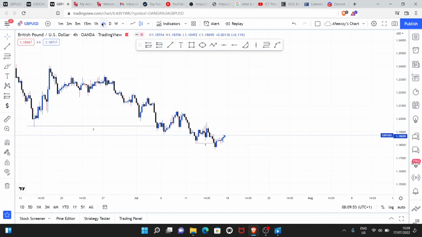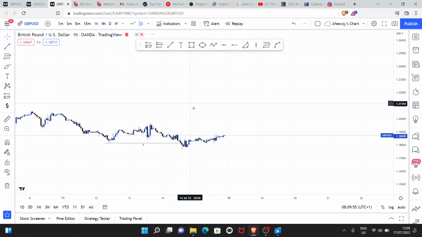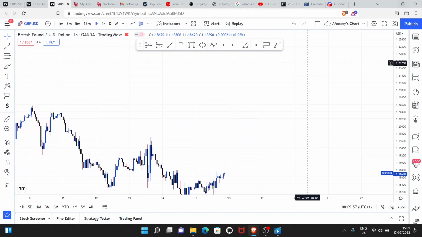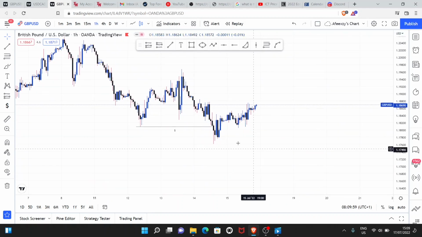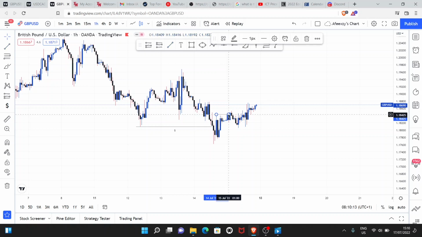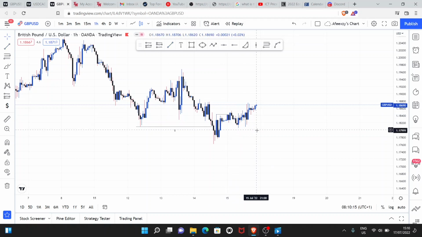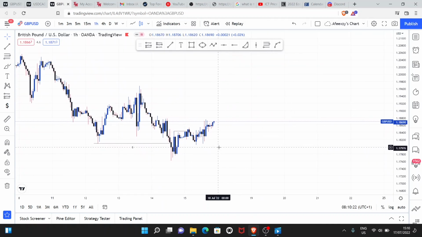And when we go to my 1-hour time frame, here we see after grabbing the sell side liquidity, it came, and we can see a structure change here. Then 1-hour is bullish. For now, 1-hour is bullish.